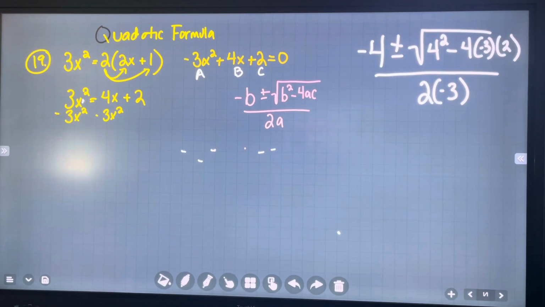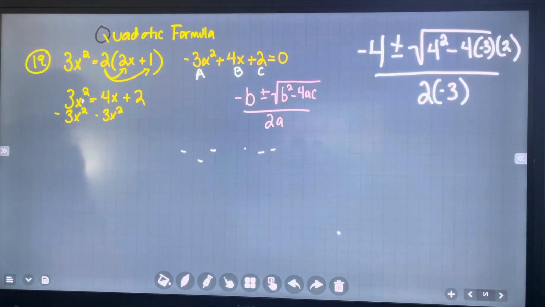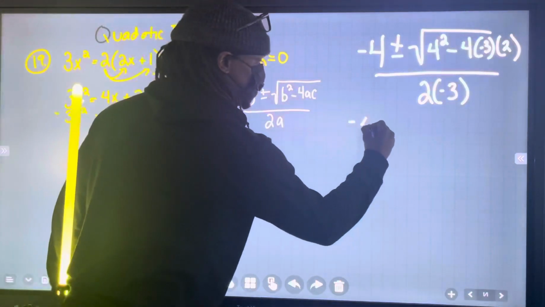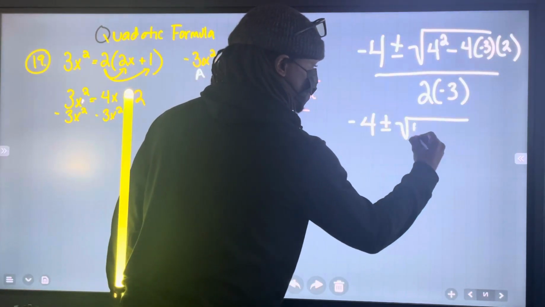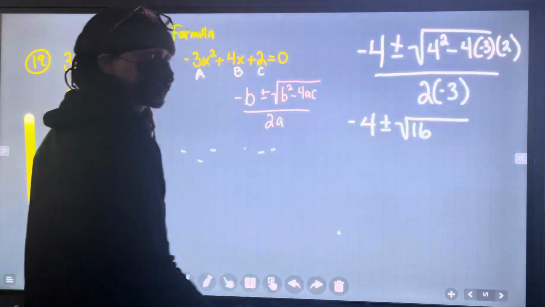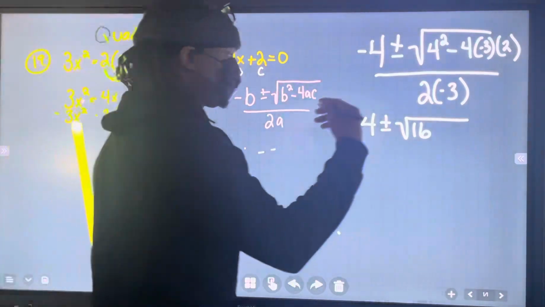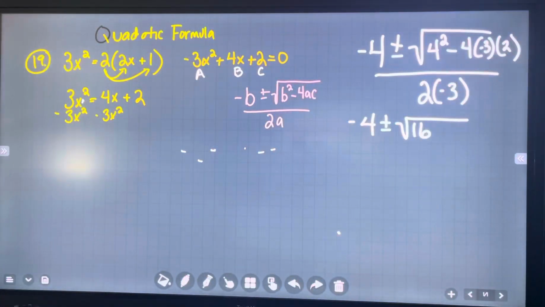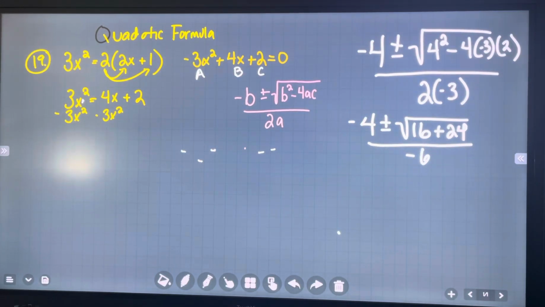Can I simplify it? Simplifying it down, this becomes negative 4 plus or minus the square root of 4 squared, which is 16. What is negative 4 times negative 3? 12. Positive 12 plus 2, times 2. 24. Very good.